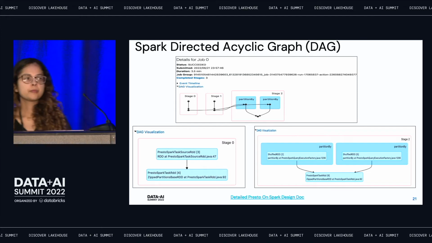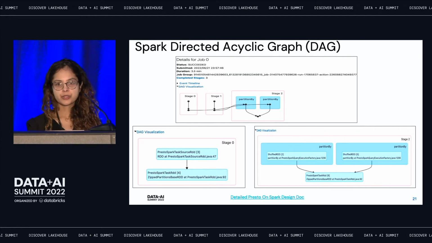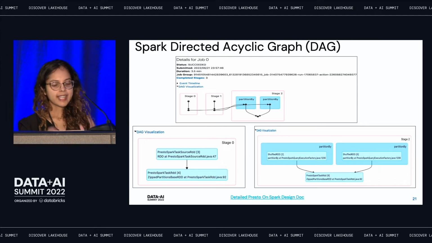So an important thing to note is Presto uses custom RDDs. So it uses Presto Spark Task RDD, which extends Zip RDD. Zip RDD means you can arbitrarily join n number of RDDs. And Presto Task RDD represents a stage of execution in Presto on Spark, and it contains this Presto Task Source RDD, which I mentioned corresponds to your scan inputs, and Shuffle RDD.